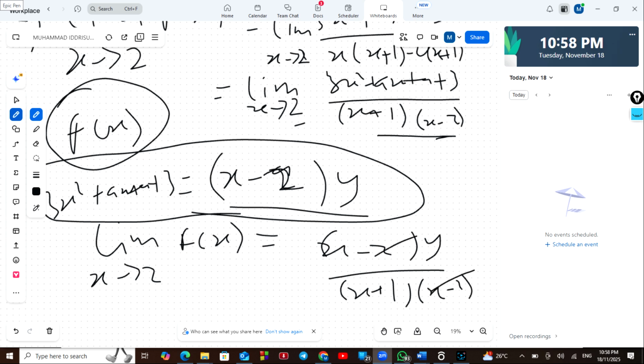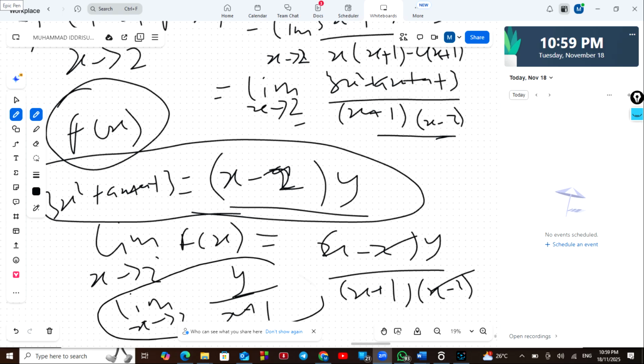So this x minus 2 cancels, leaving y over x plus 1. In this case the limit will not be undefined; it will be defined, and the limit will exist. If there's no factor in the numerator for which the x minus 2 at the denominator will cancel, then the limit doesn't exist.